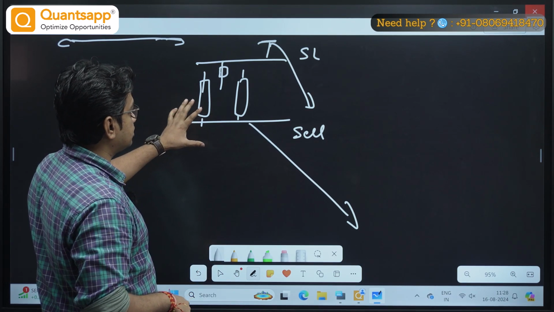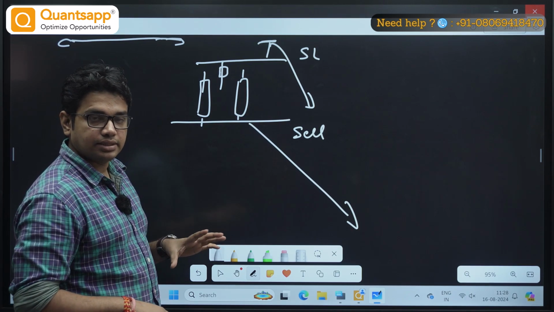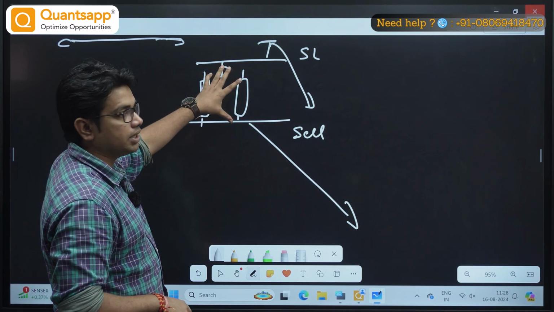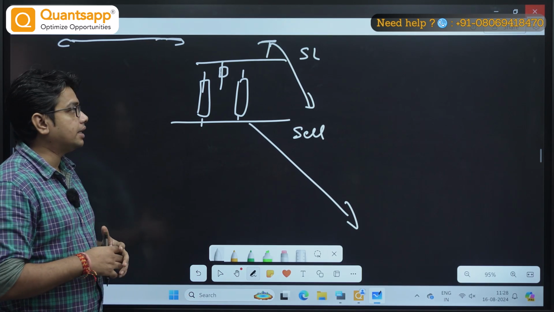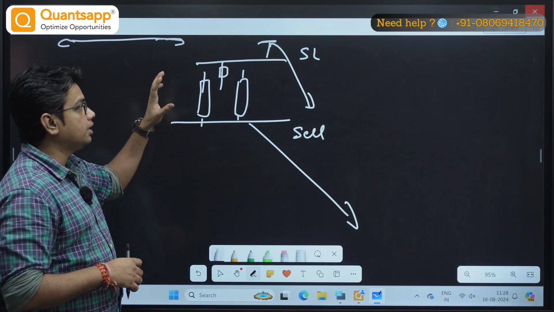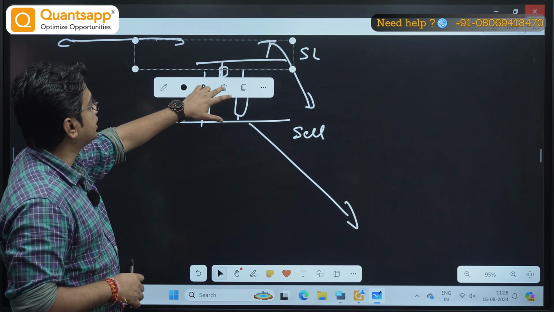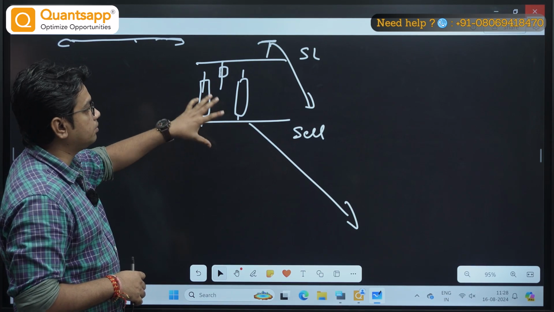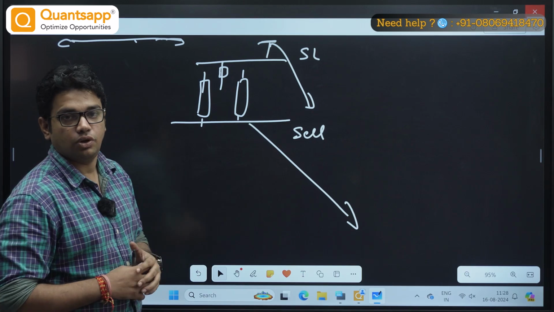In the context of the candlestick pattern you can place the stop loss over here. If you want to take less risk, then you should place the stop loss over here, not here. Otherwise you can avoid that trade. If it is happening at a particular resistance, then you can go ahead and take the trade, not in between, because in between the market is likely to go either way, so you will face huge losses.